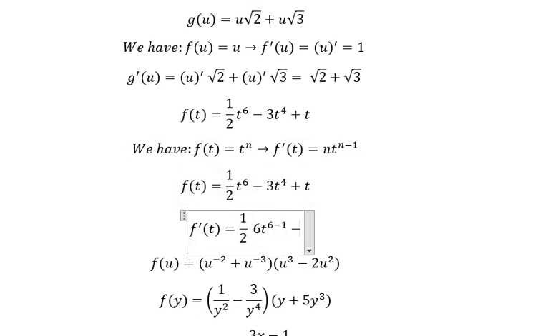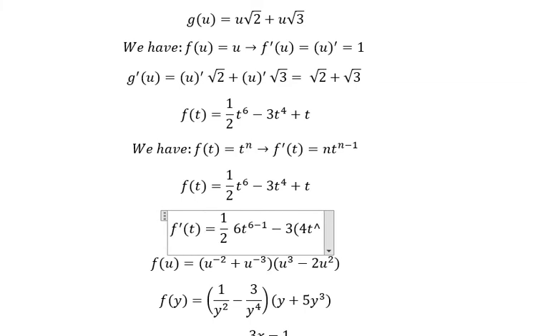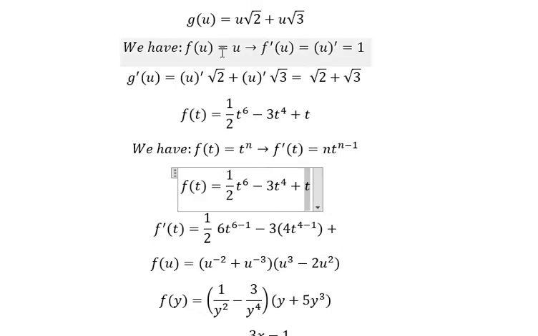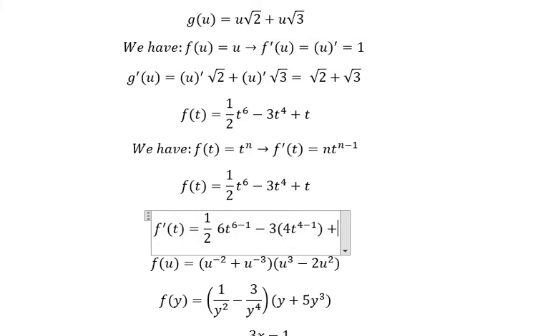Similar for the next one. And the last one, t, just similar for the first one in here. And that's about number 1.